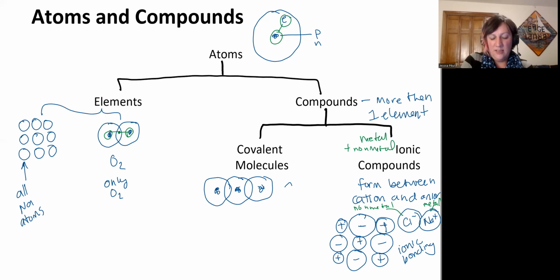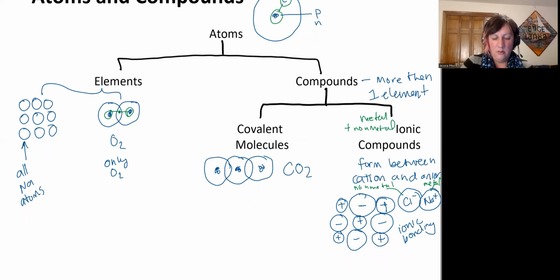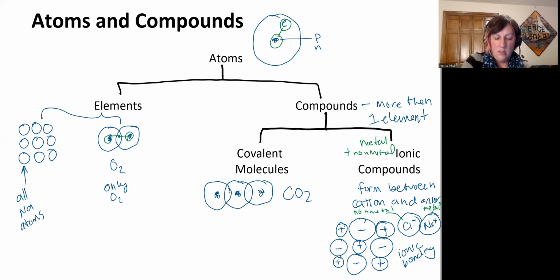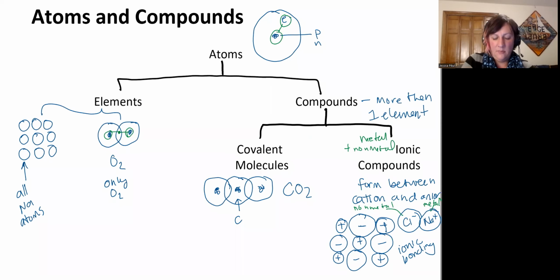This example I'm going to do is CO2, where we have a carbon atom and two oxygen atoms that are overlapping with one another. And they do this to share electrons. And so it tricks the structure into thinking it has 8 electrons around it instead of 4 for carbon and 6 for oxygen. And this really represents a covalent bond.